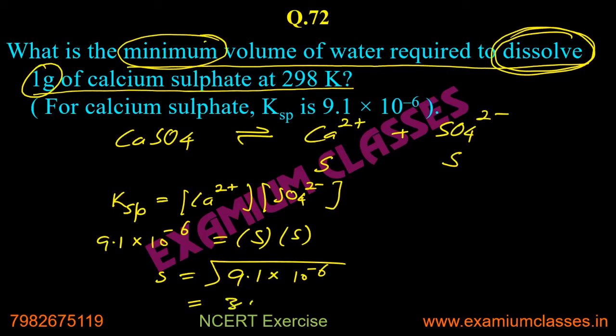So it should be around 3.01 or 3.02 into 10 power minus 3 moles per liter.